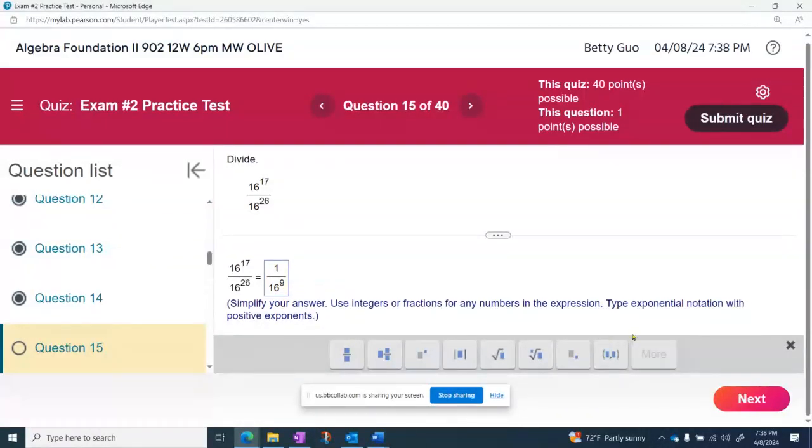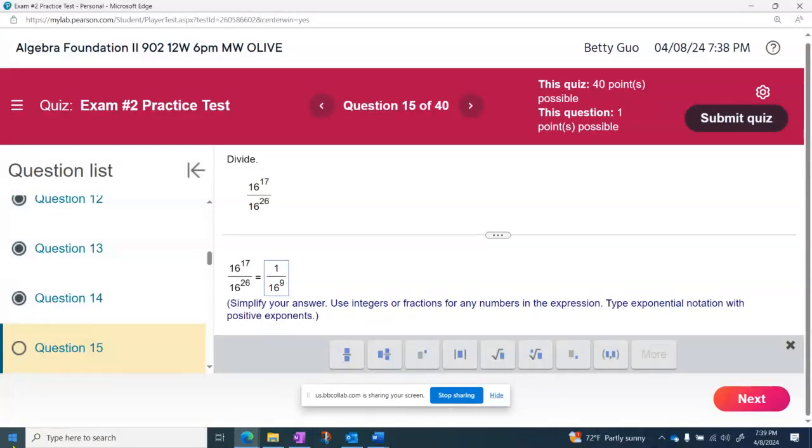We don't have to evaluate. I believe that, because here again it says type exponential notation with positive exponents. We have no negative exponent, and the result is in exponential expression. All right, questions?